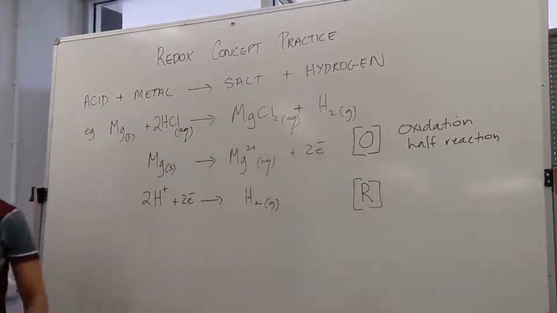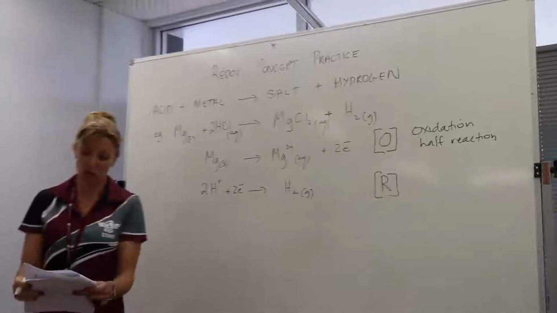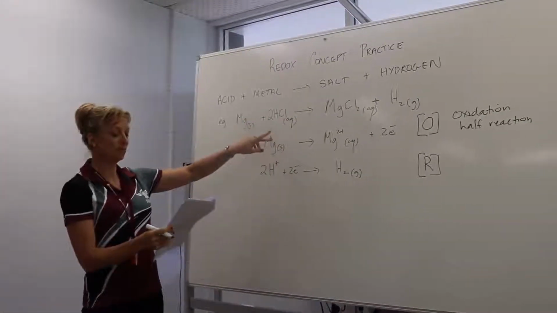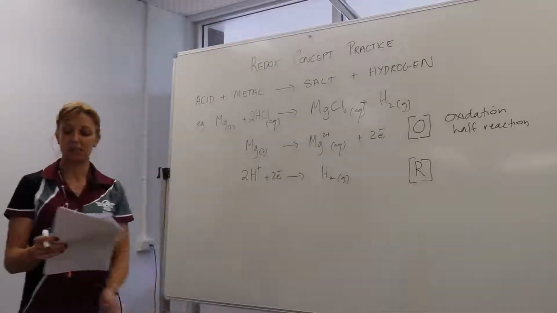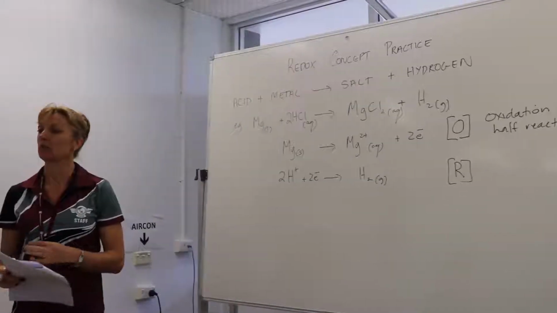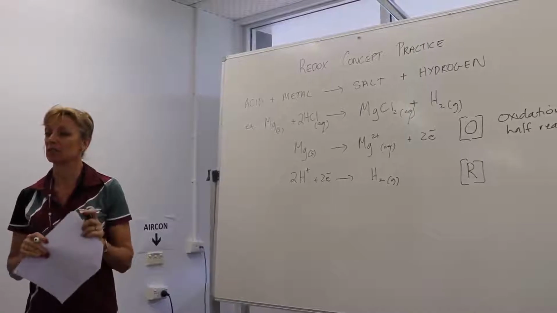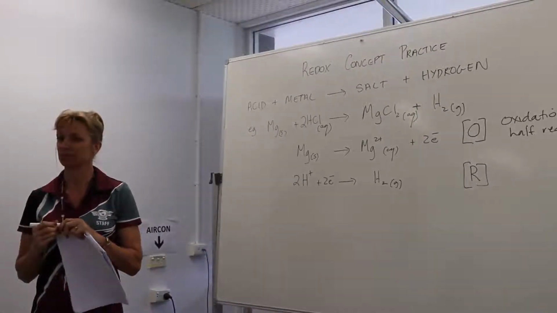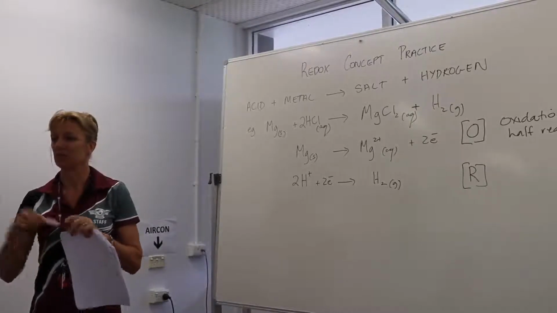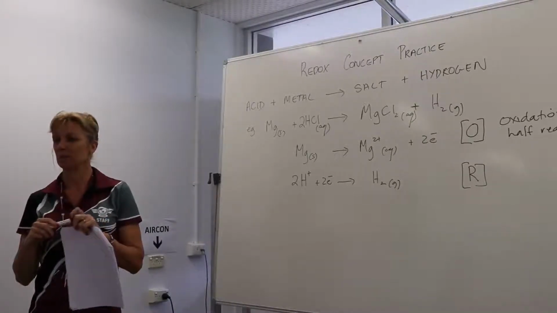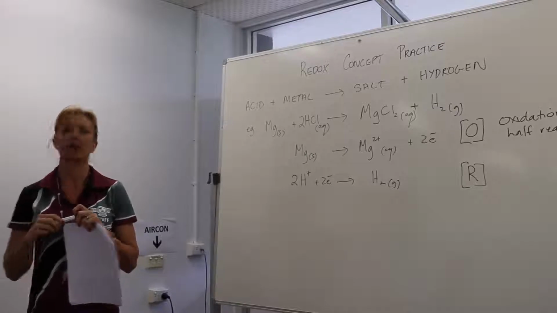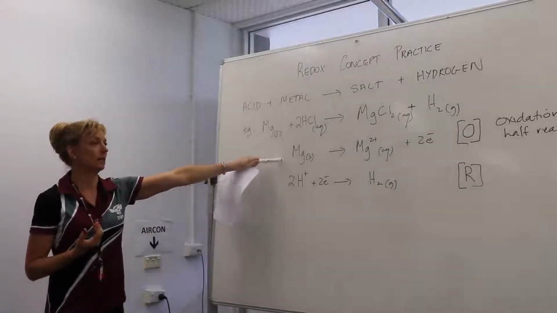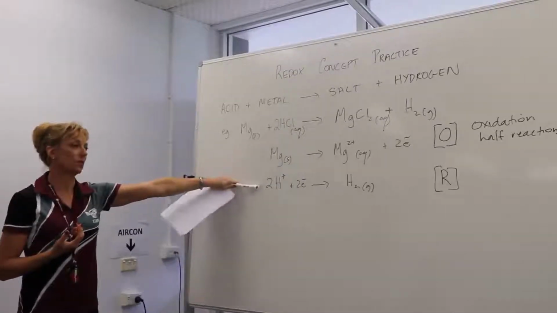So we can now answer that question number 2. When a metal reacts with an acid, and this was just an example, what is oxidized and what is reduced in the reaction? What are you going to say in answer to that question? The metal is oxidized. Yes. The metal, in this case it was magnesium, but it could have been anything that would react with hydrochloric acid.